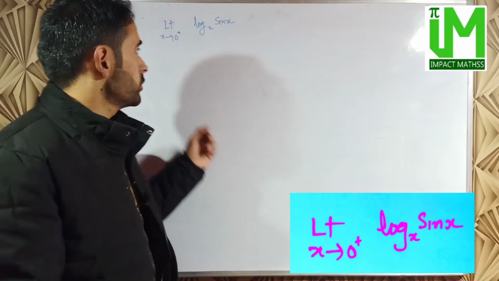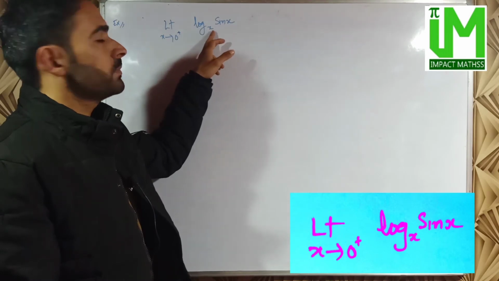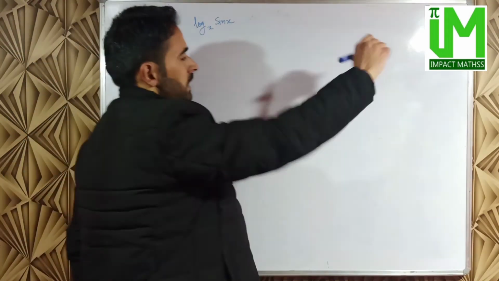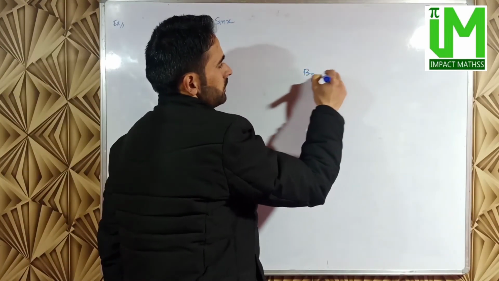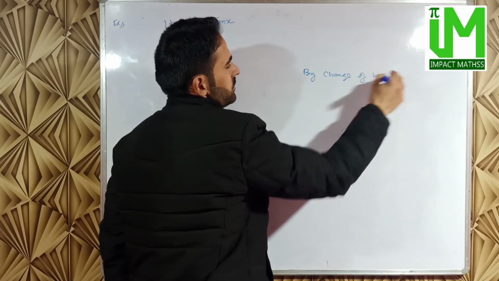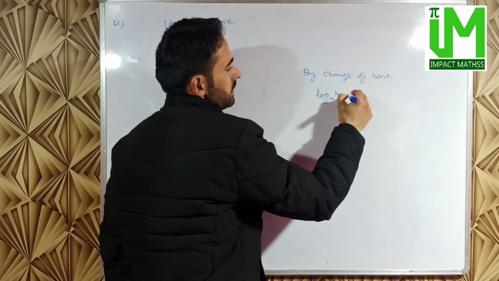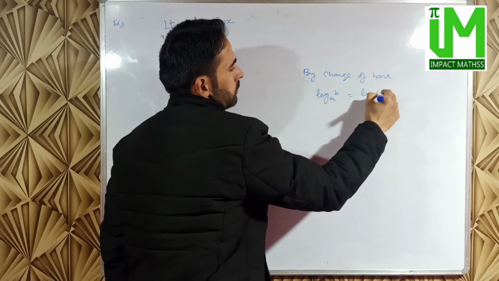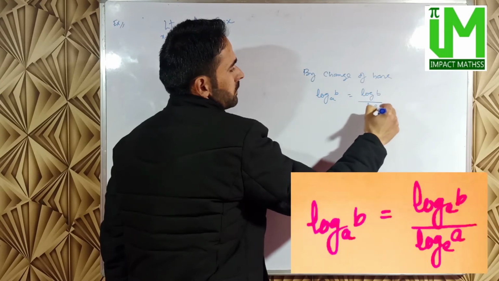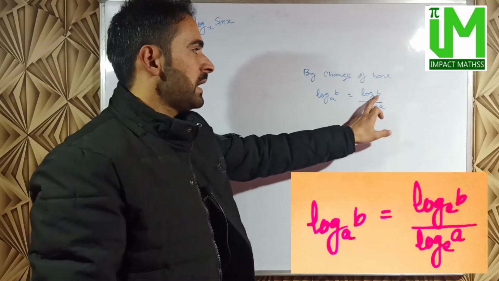So next example is limit x tends to 0 from the right, log of sine x to the base x, and by change of base formula we have log of b to the base a equals log of b divided by log of a. Obviously it is understood that we are taking e as the base here.